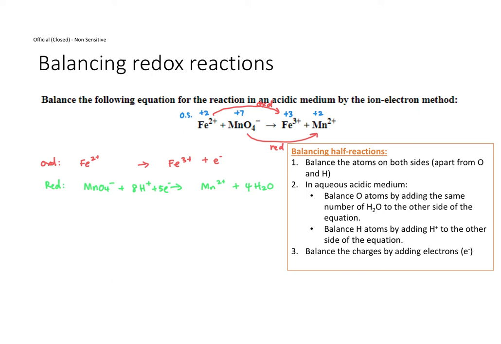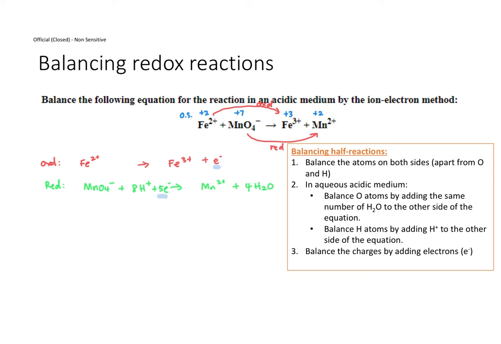The number of electrons given out by the oxidation reaction must be the same number of electrons taken in by the reduction reaction. So if we look at the oxidation reaction, right now we have 1 electron that's being given out, and in the reduction equation there's 5 electrons that's being taken up.